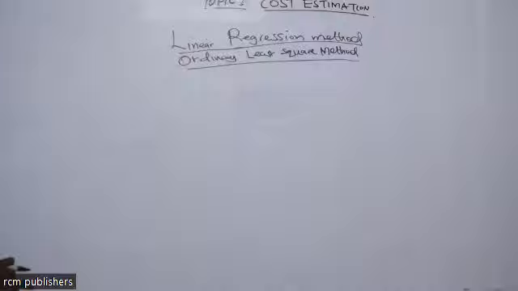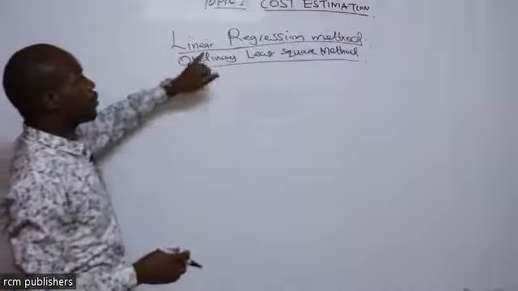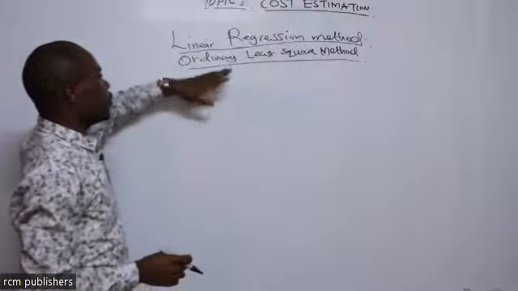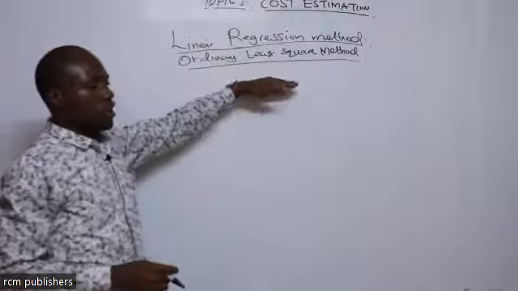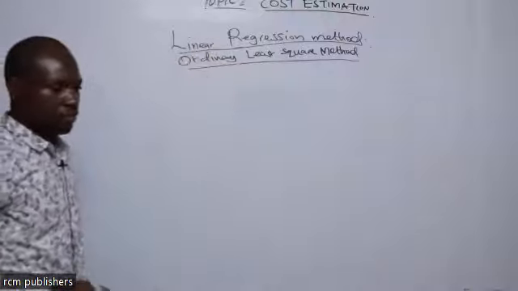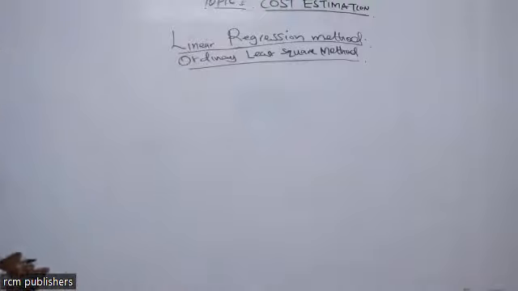So in exams or maybe in class, we've learned about linear regression method. In exams, the examiner is telling you, use ordinary least square method to come up with a cost estimate function. So you'll be wondering which method is this? From which topic are they testing this question?